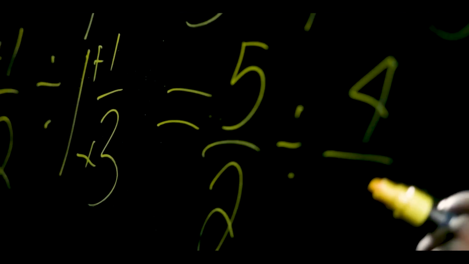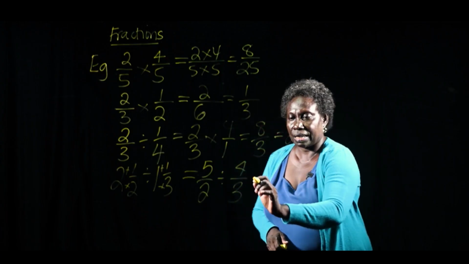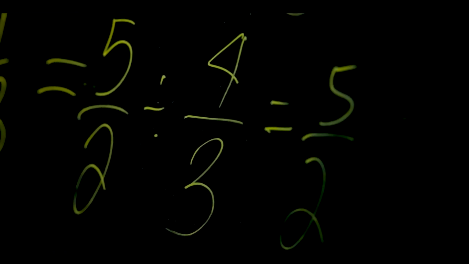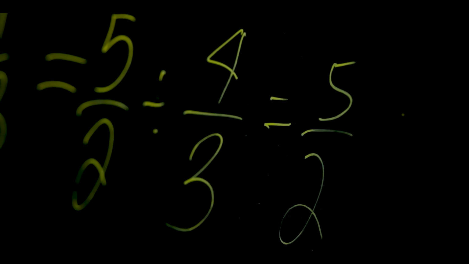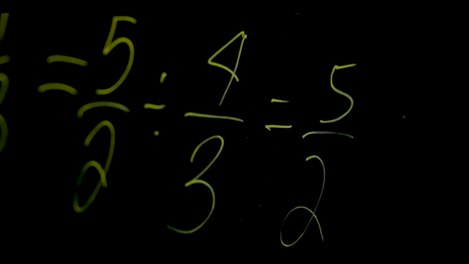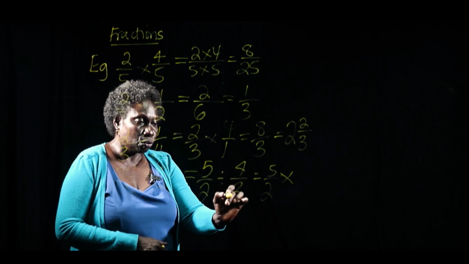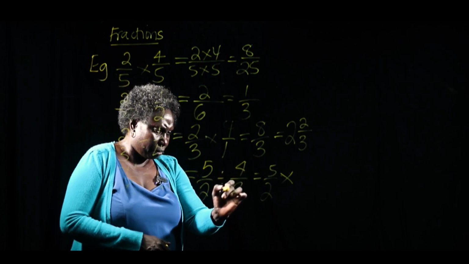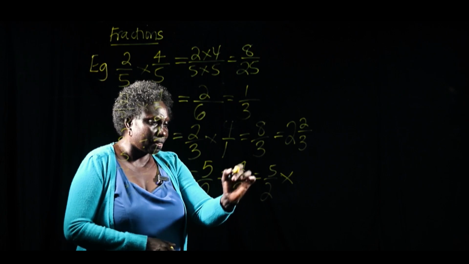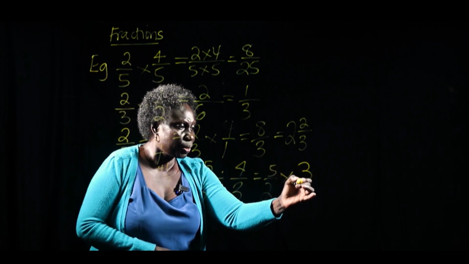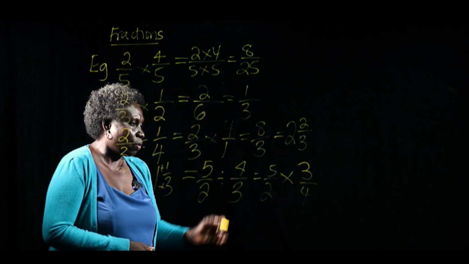So 4 over 3. That is equal to 5 over 2. We change this to a multiplication sign, and 4 on 3 will have to be inverted, or we take the reciprocal of that or the inverse of that, which is 3 on 4.